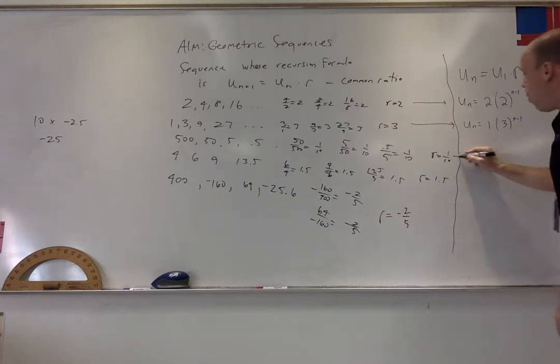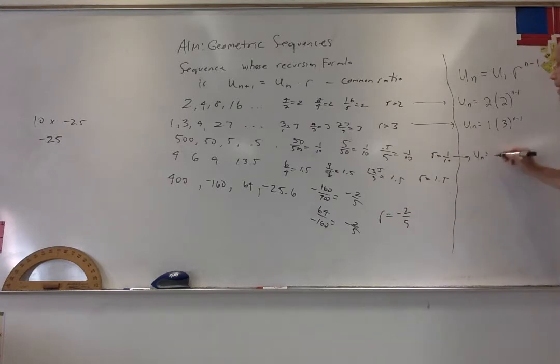For this one, u of n is equal to 500 times 1/10 to the n minus 1, and so on and so forth. This is 4 times 1.5 to the n minus 1. And the last example is u of n is equal to 400 times negative 2/5 to the n minus 1.